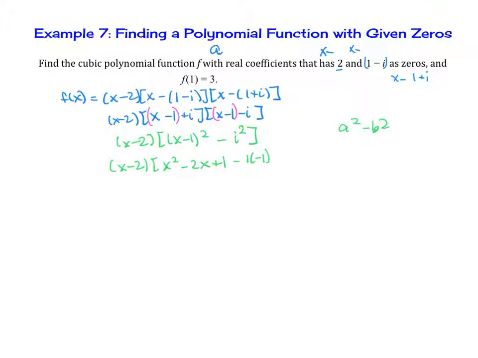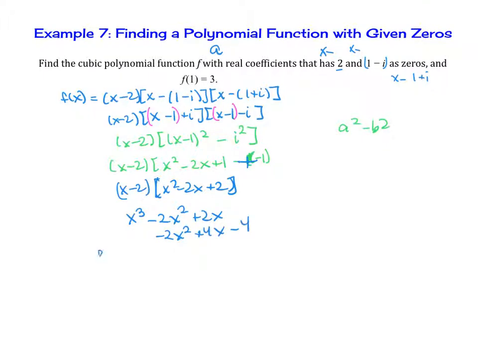Okay, so it's just a negative 1, no times 1 there. Then let's simplify this further. x minus 2, and this is x squared minus 2x. This minus minus becomes plus, so it actually becomes a 2 at the end. So let's go ahead and multiply all the way through. So this is now x cubed minus 2x squared plus 2x, and then minus 2x squared plus 4x minus 4.